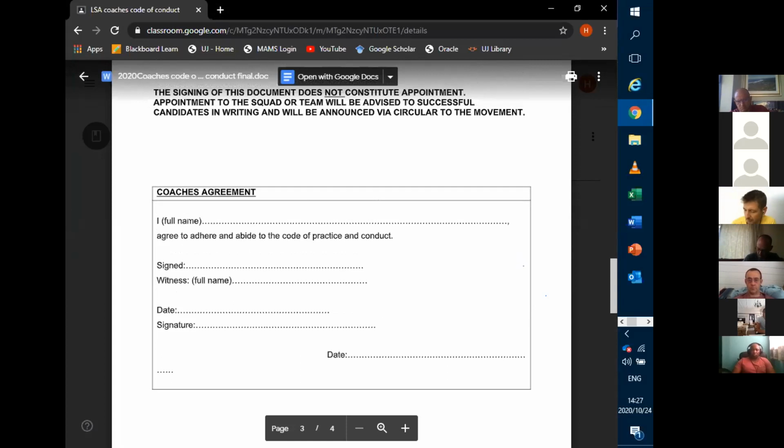I just want to come in as far as this code of conduct is concerned. It's so vital, especially the abuse of alcohol and substance abuse. If you have a group of youngsters and anything happens to that youngster, you are liable for a lawsuit.